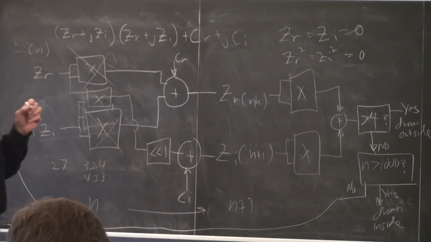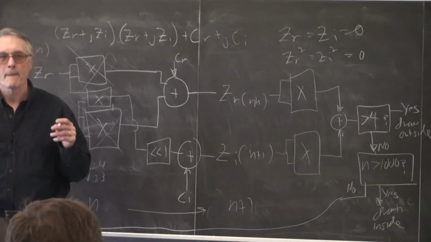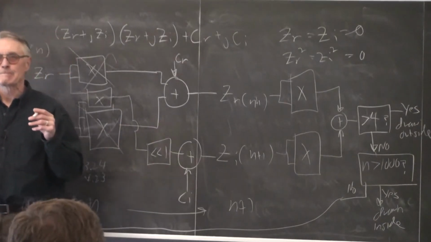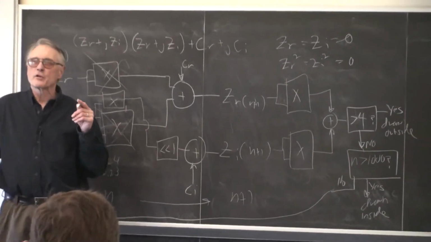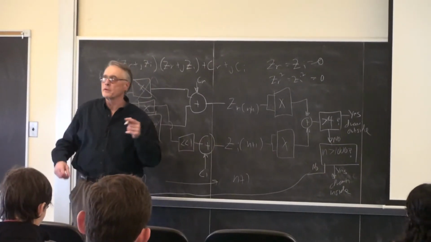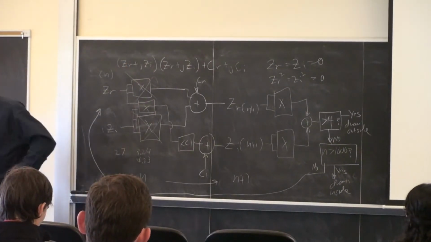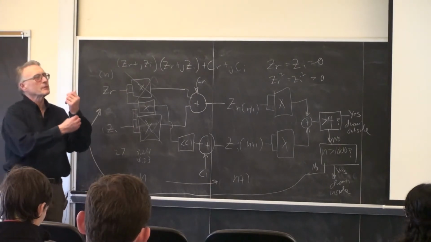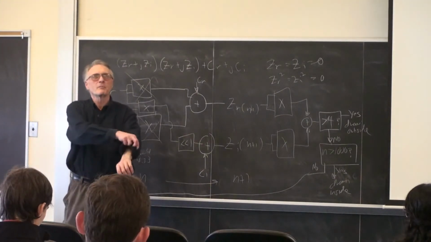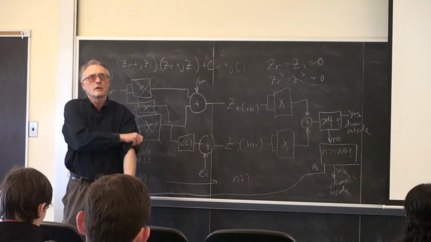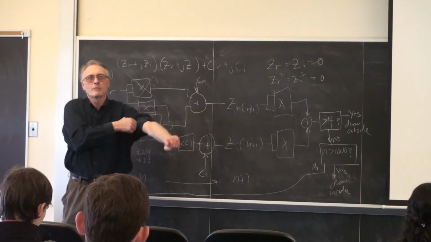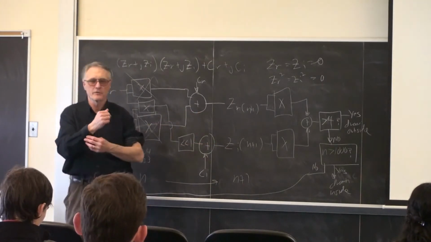So in terms of memory bandwidth to the display, is it possible to come up with a way? Some regions are going to be solved. Some regions of this complex plane are going to take 1 iteration to diverge.